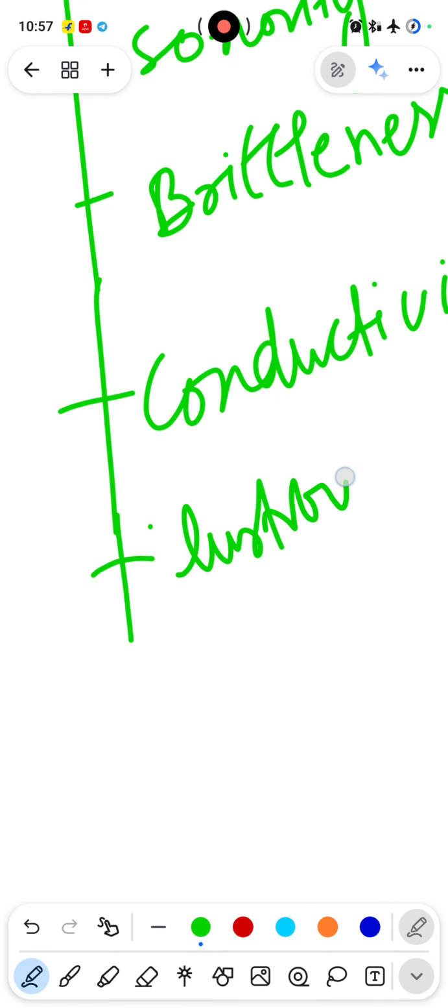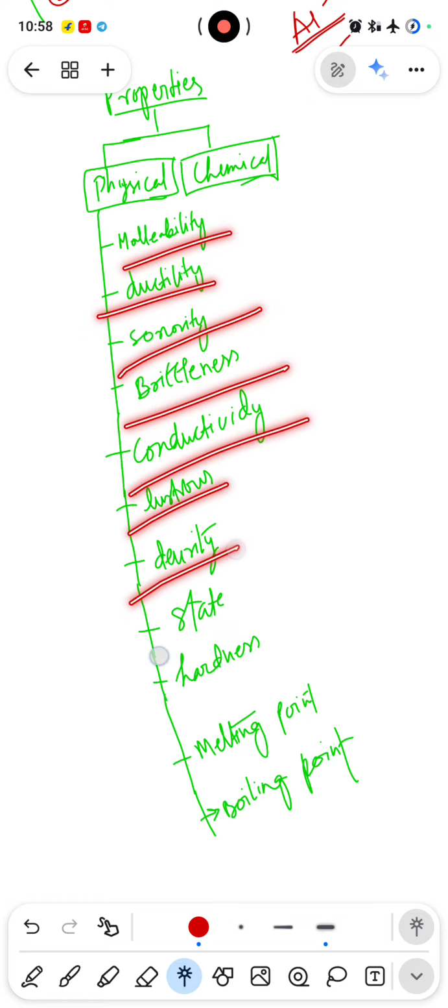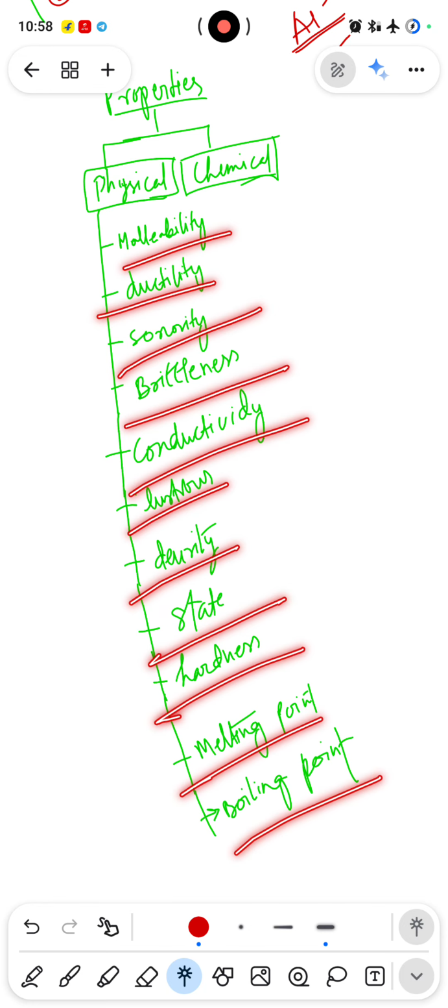Okay, and what except that can be other, like melting point, and boiling point. So you can see there are a lot of physical properties: malleability, ductility, sonority, brittleness, conductivity, lustrous, density, state, hardness, melting point, boiling point. And even there are even more. For example, if I want, I can add one more, that is color.